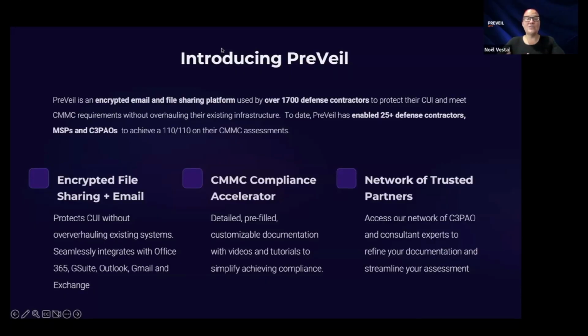And then we also have a massive group of partners. So all these different acronyms we've talked about, like RPs and RPAs and CCPs and CCAs and C3PAOs and all of those, we have tons of those, hundreds of those that we partner with. So these are trusted partners who understand how PreVeil works. They understand the really unique situations that our customers have when it comes to CMMC implementation.